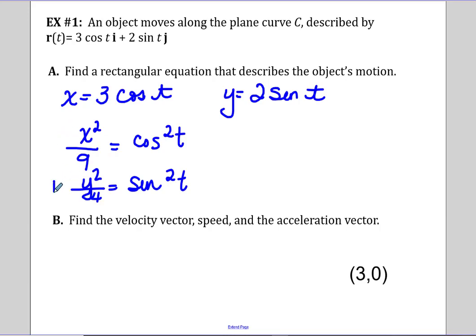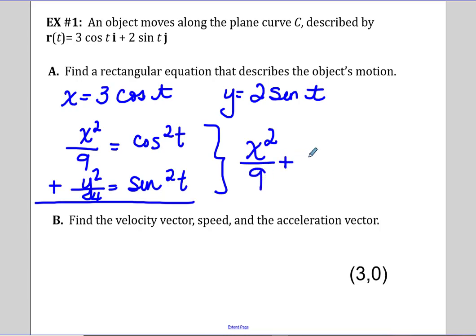And by treating these two like a linear system, we could add them together and they would give us that rectangular equation, x squared over 9 plus y squared over 4 is equal to sine squared plus cosine squared, and that's 1. So we have an ellipse that is centered at the origin and has a length of 3 on the horizontal and 2 on the vertical.